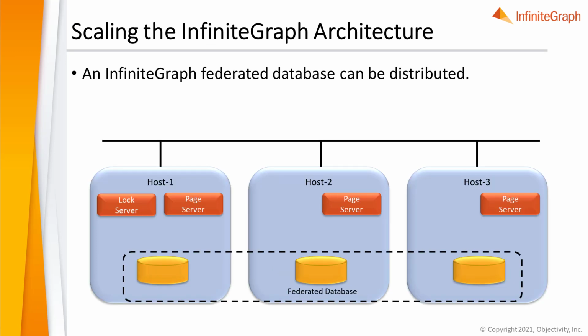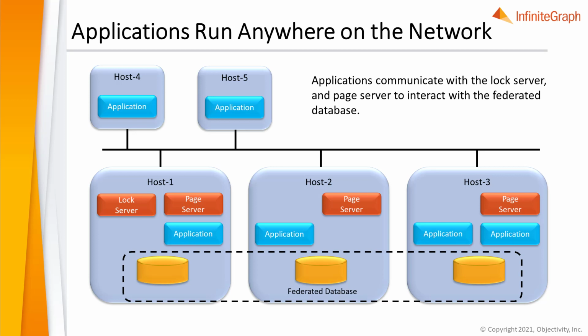An InfiniteGraph federation can be distributed across multiple hosts. Each data host will need a page server. In a multi-host environment, applications can run anywhere on the network. In this diagram, we have three hosts that are storing data, hosts 1, 2, and 3.